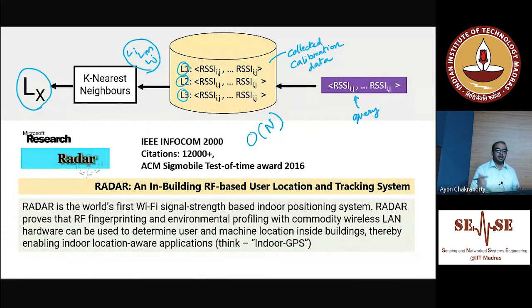Think of a big office space, an enterprise Wi-Fi setting, where you might have several tens of access points. So there are so many floating point numbers that you are dealing with, and trying to do it for multiple nodes. So scalability is going to be a problem, and that is the reason these non-parametric methods are not quite favored.